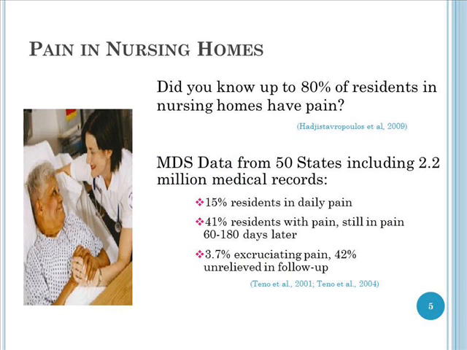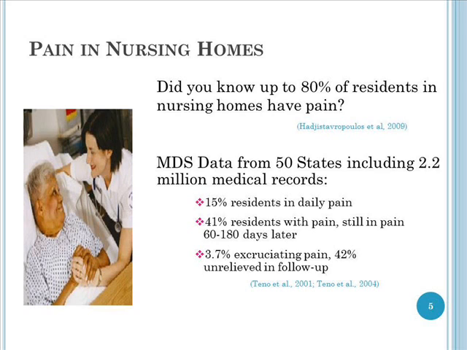When we think about pain in nursing homes, it's just really important for us to understand that up to 80% of residents in nursing homes have conditions that we know are painful and may be experiencing pain. That's the bulk of the people that you care for. But yet many residents' pain is not identified and they're not being treated. A study that was done looking at all 50 states' MDS medical records showed that only 15% of residents had documented daily pain.